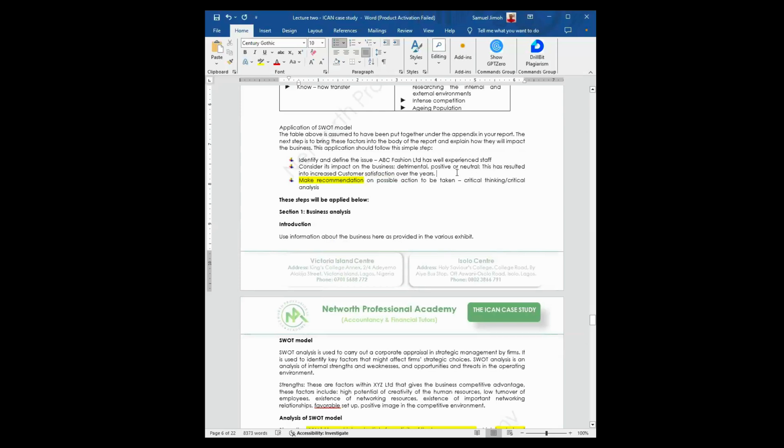How? The question becomes, how has that resulted into customer satisfaction? This is how. The customer that just got a well-designed cloth for herself, by the time she leaves the house to go for the outing, so many people will be admiring the clothes and say, ah, madam, this cloth is fine.